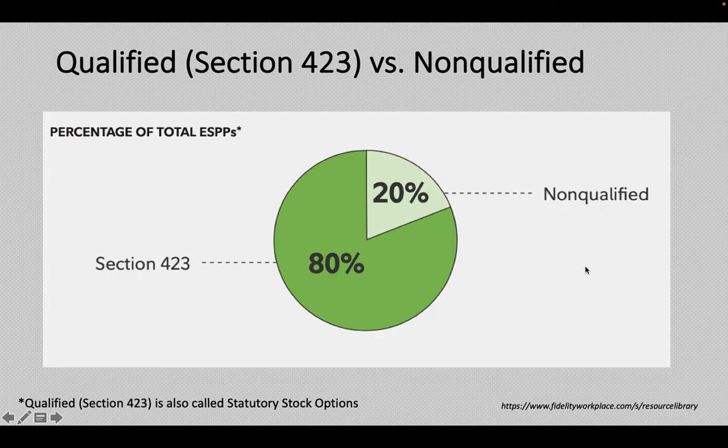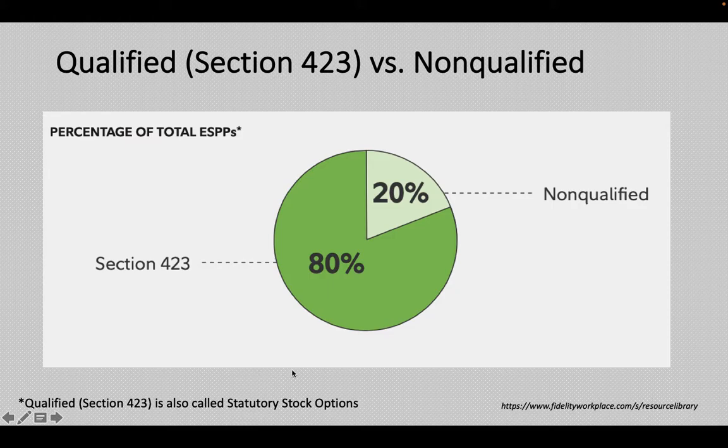However, no matter if you are a tax advisor, financial advisor, or a plan participant, you just have to understand that all ESPP plans are not the same. Some may be qualified, some may be non-qualified. So just understand those different types out there.